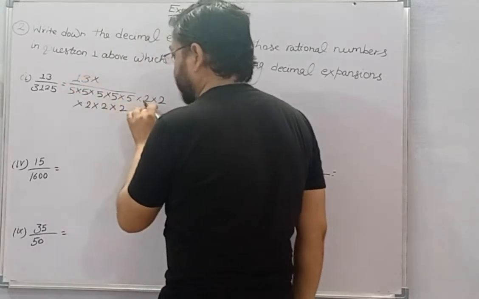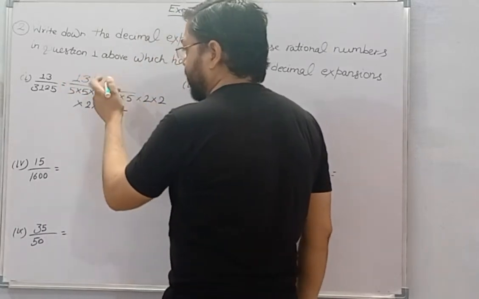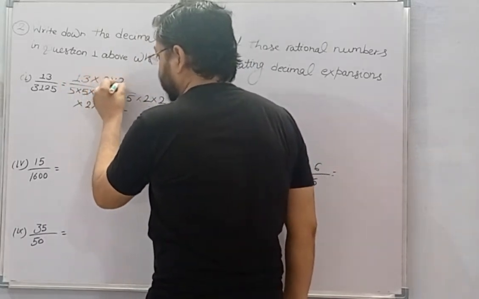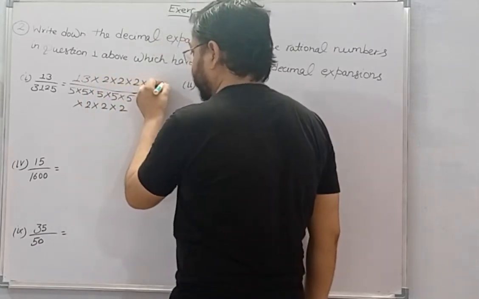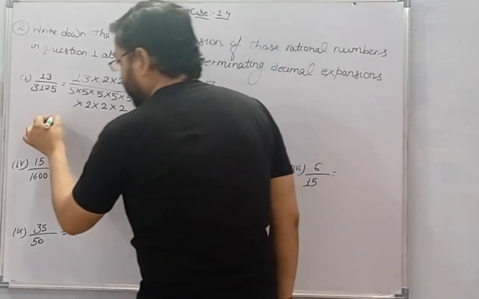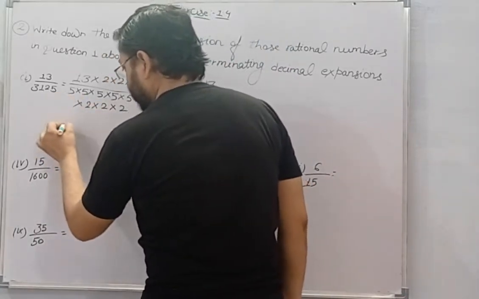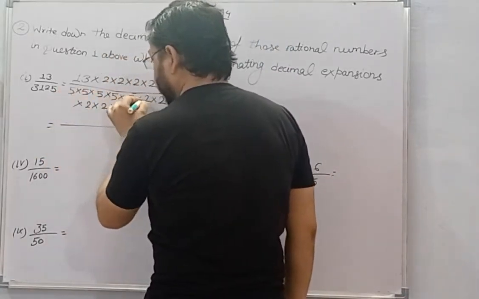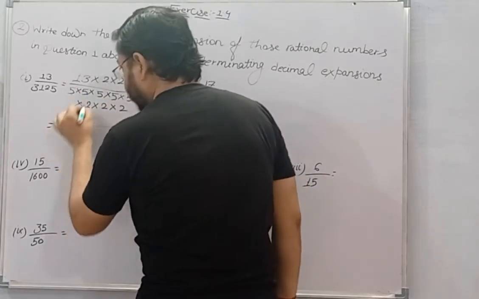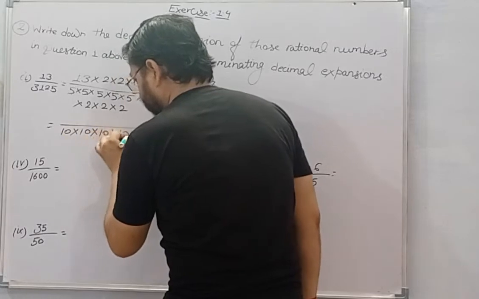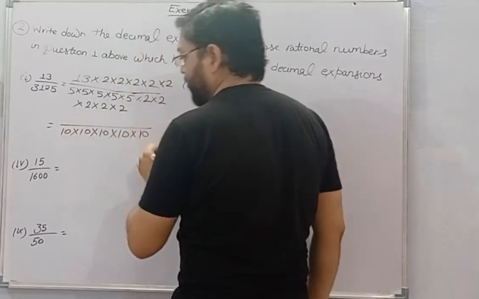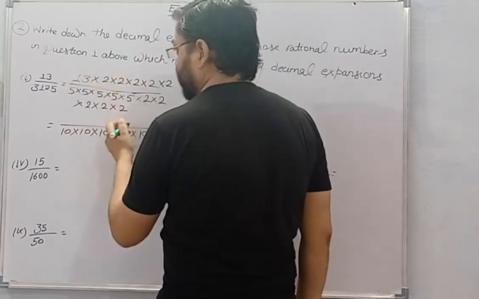As I multiply 2 in the denominator, I should multiply in the numerator also. This will become 10, 10, 10, 10, and 10.